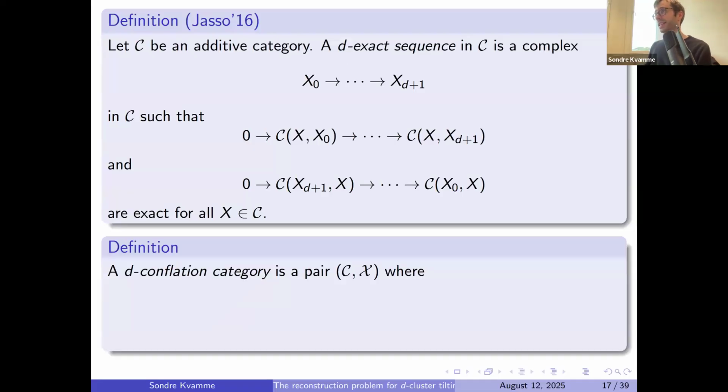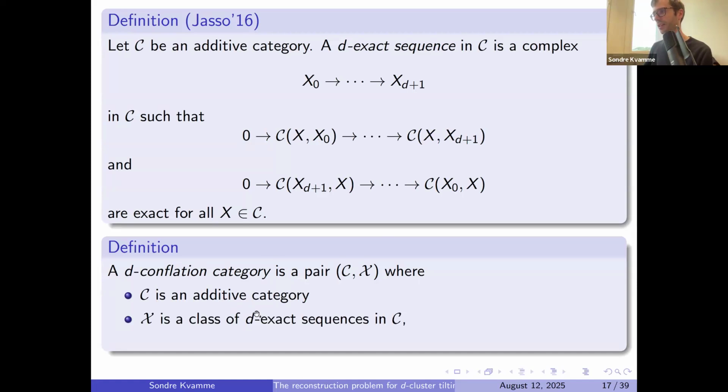So we know what the D exact sequence is, and then in the same way as an exact category is a particular example of a conflation category, a D exact category should be an example of a deconflation category. So let me tell you what that means. A deconflation category, C_X, is given by an additive category C and a class of D exact sequences, and here D exactness is as in the definition above.